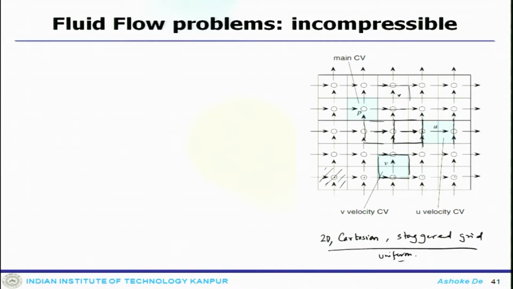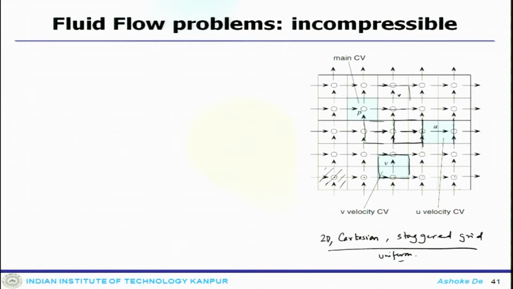Now, the staggered arrangement, to handle it inside a numerical code, is nothing but handling the data structure, which means essentially once you keep track of these cell centers and nodes, you just shift by half a cell for u and half a cell for v.